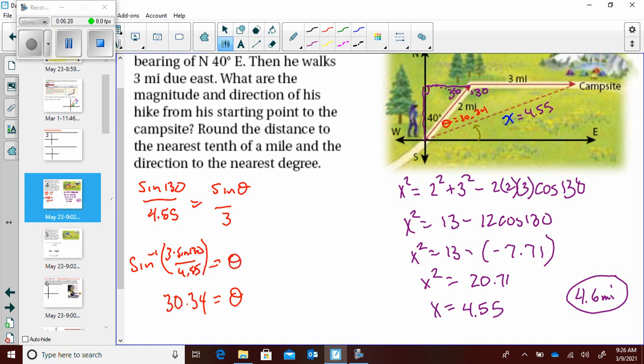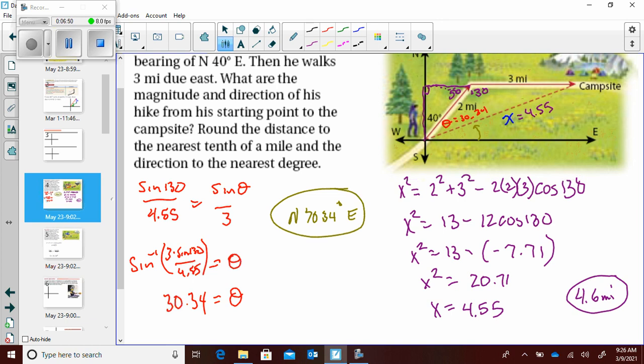You could do that. So I guess I would take that. So we got north 70.34 degrees east. Yeah, I think that would probably be the best one to do. We're going from north 70.34 of east.